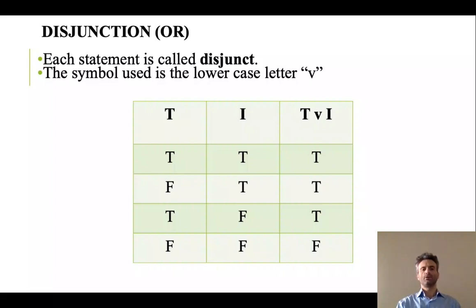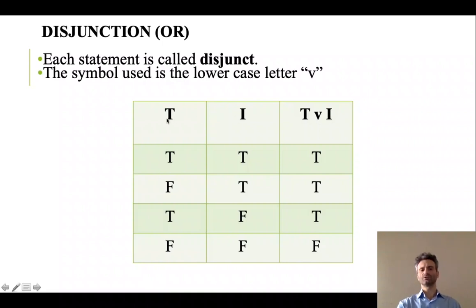So, notice what happens here. Let's go back to our example of Charlie is tall and Charlie is intelligent. If Charlie is tall is true and Charlie is intelligent is also true, the compound statement in this case is Charlie is tall or Charlie is intelligent.